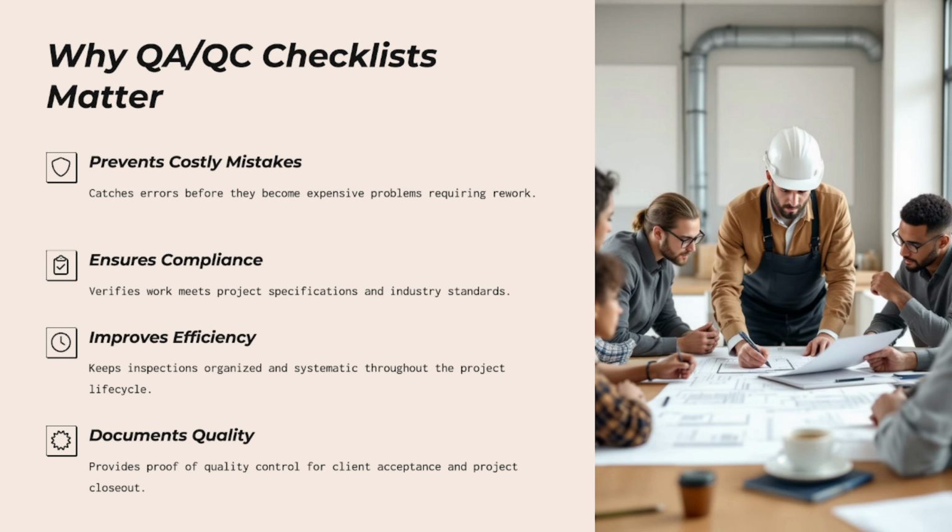The fourth one is document quality. Complete documents show the quality of the work and provide proof of quality control for client acceptance and project closeout. When documents are insufficient or mismanaged, that will not lead you to client acceptance.